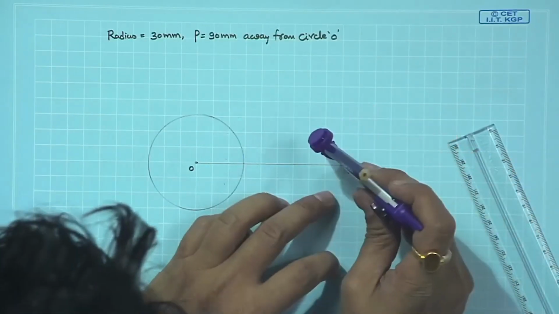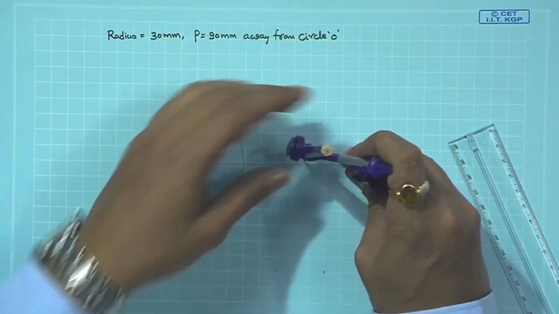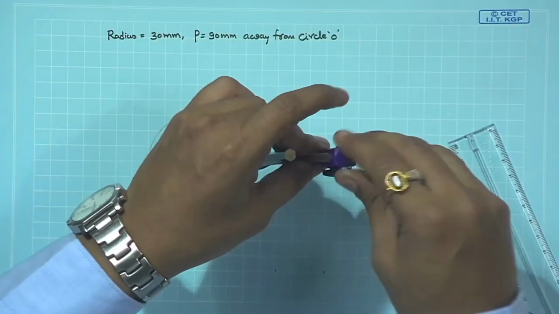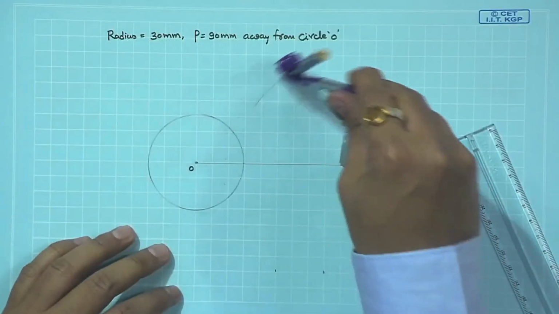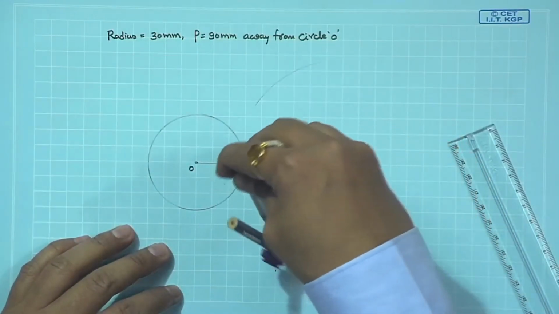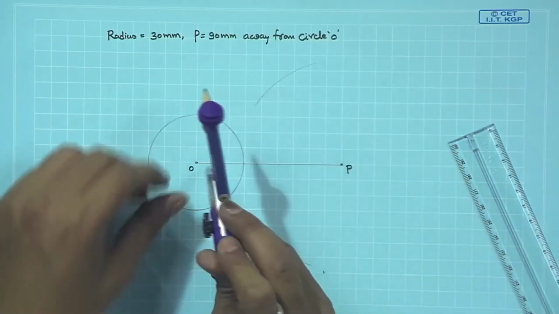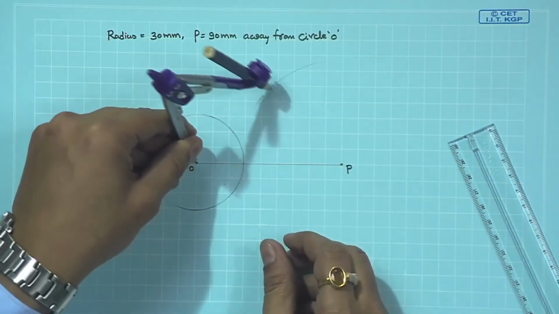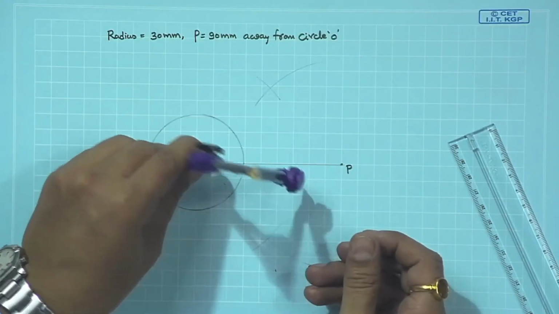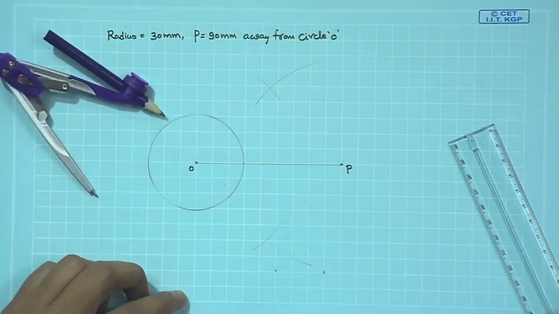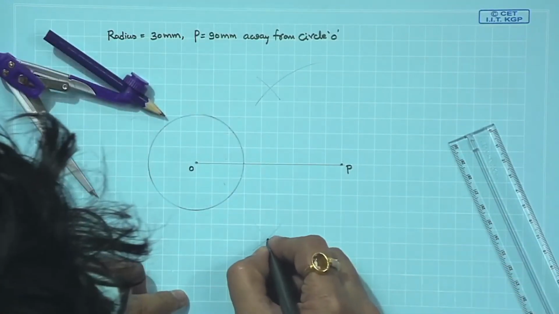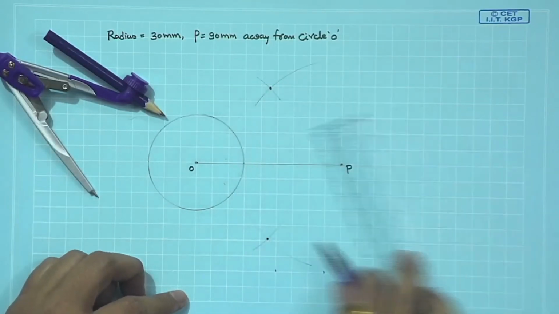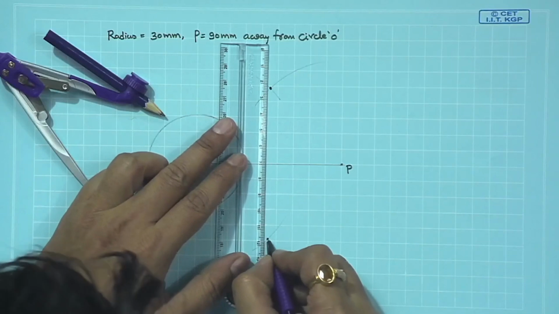For that, we pick P as center, more than the half of the distance between O and P, make arcs on both the sides, identify these points, then join them.